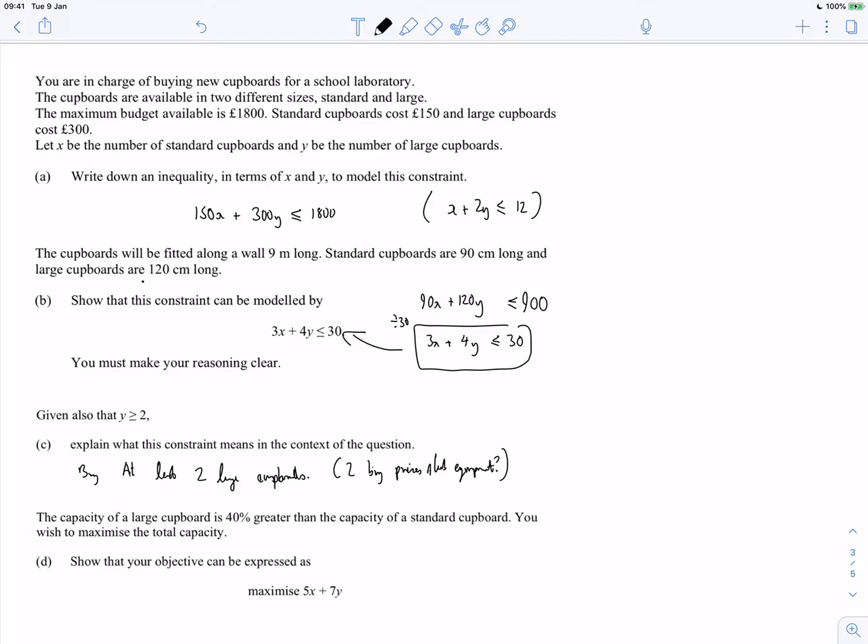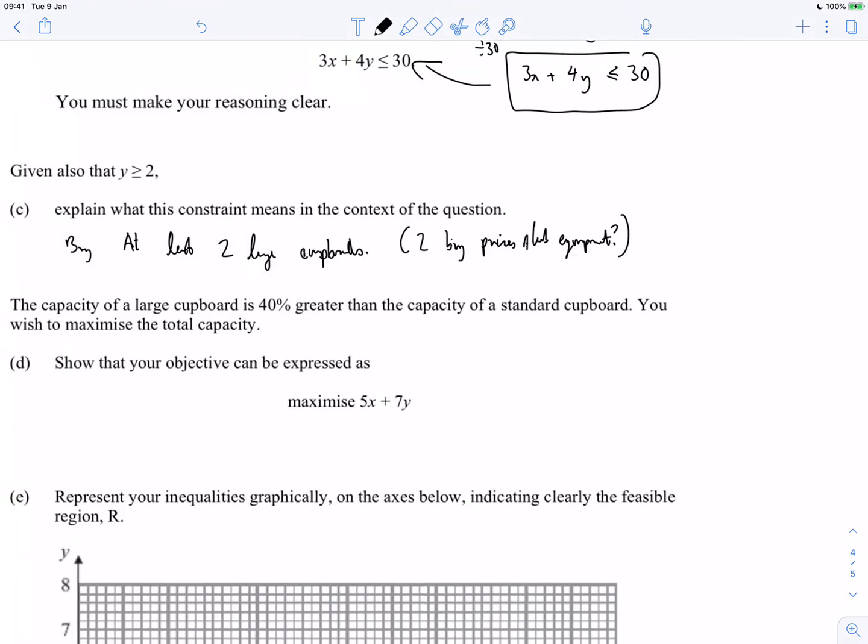And the capacity of a large cupboard is 40% greater than the capacity of a standard cupboard. You wish to maximize the total capacity. Show that your objective can be expressed as 5x plus 7y. Okay, so capacity. The total capacity is, well, let's think about that.